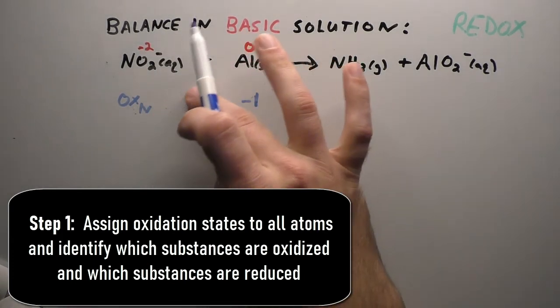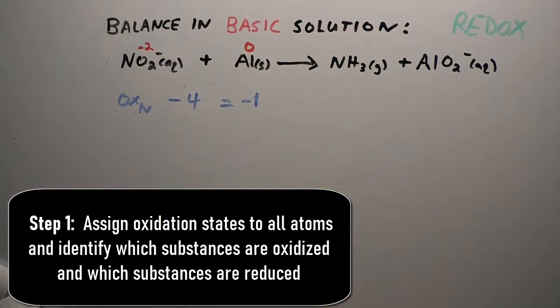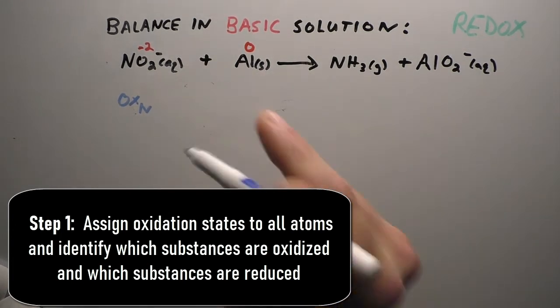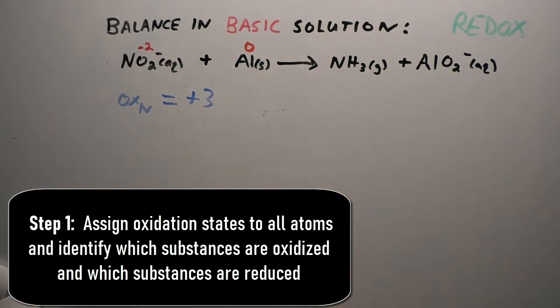So the oxidation state of nitrogen, minus 4, is equal to -1. Then simply adding 4 to both sides of this equation isolates our variable: the oxidation state of nitrogen is equal to +3.